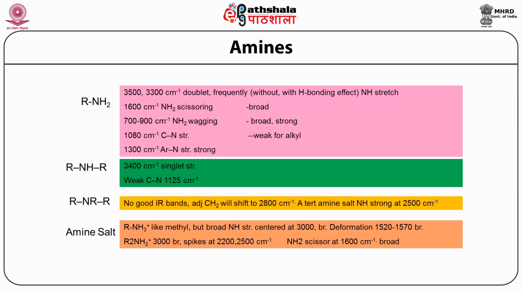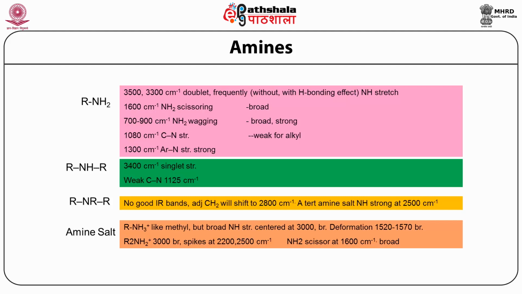For the secondary amine, 3400 per centimeter gives a singlet, and the carbon-nitrogen stretch is weak at 1125 per centimeter. For the tertiary amine, there is no good IR band; a CH2 adjacent to the nitrogen will shift to 2800 per centimeter, and for a tertiary amine salt the NH bond at 2500 per centimeter is observed.